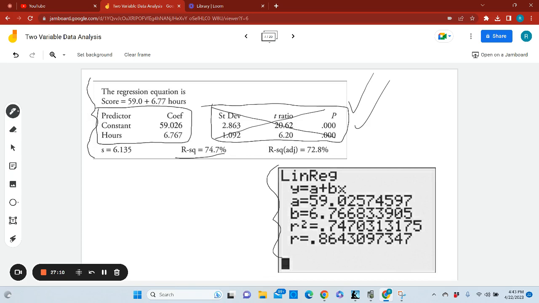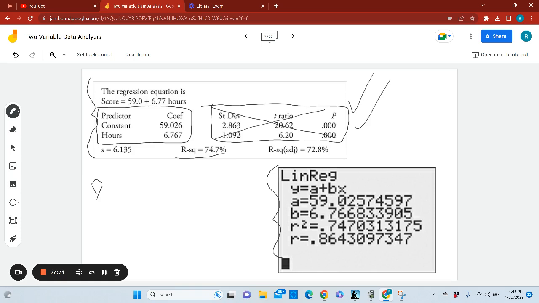So again, it looks like we're still trying to predict somebody's score on an exam based on the number of hours they spent studying. And I can convert this into something a little bit more algebraic. I can say y hat. Remember, we always put a hat when we're dealing with regression, right? Because these are predicted values.